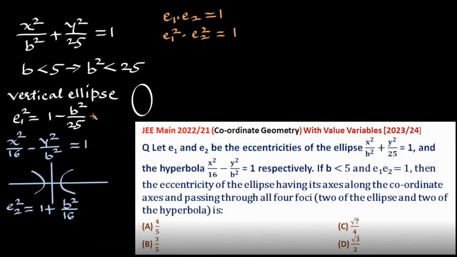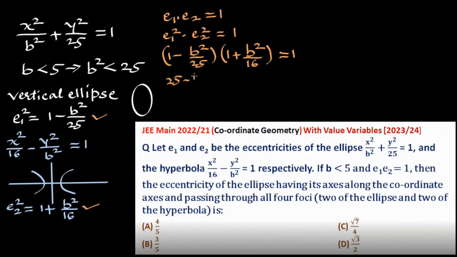So taking product of this 1 minus b square upon 25 and this 1 plus b square upon 16 equals 1. 25 minus b square upon 25 multiplied by 16 plus b square upon 16 equals 1.